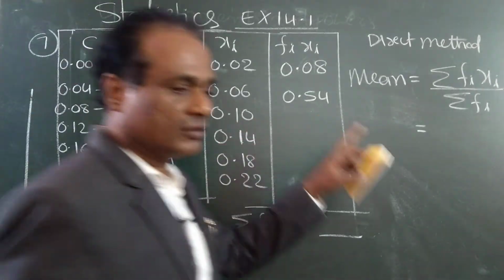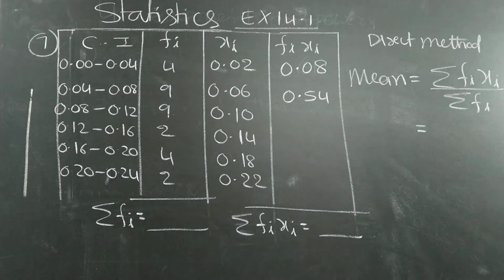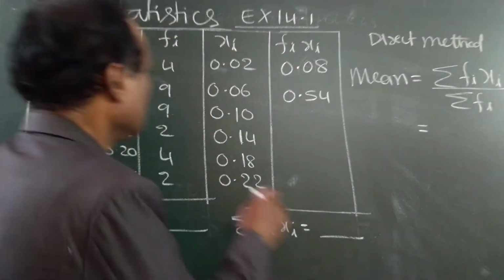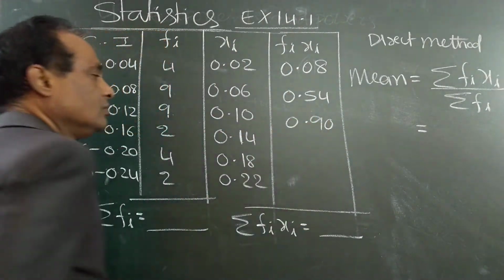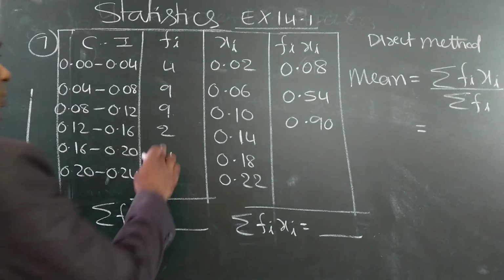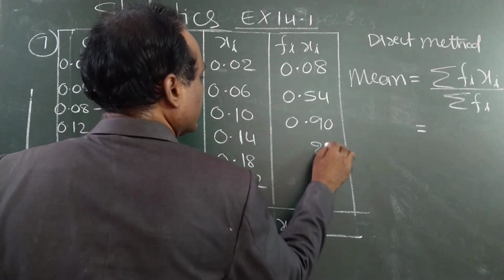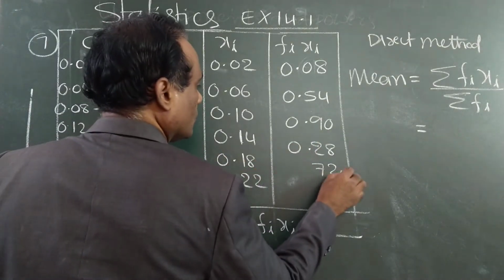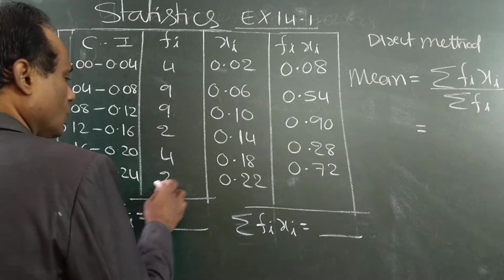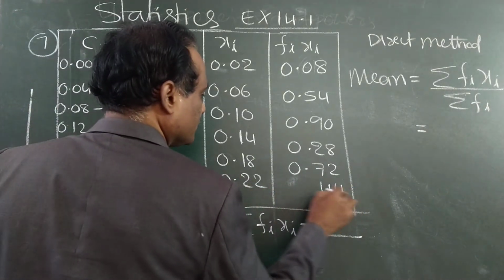Multiply these two and tell the answer. 9 into 10 is 90. 2 into 14 is 28. 8 into 4, 72 is not right here, but continuing: 2 into 22 is 44.